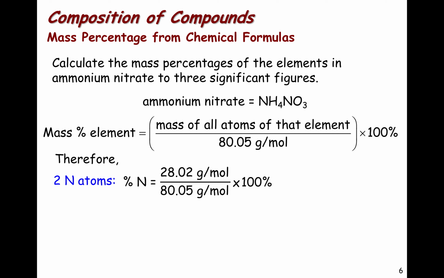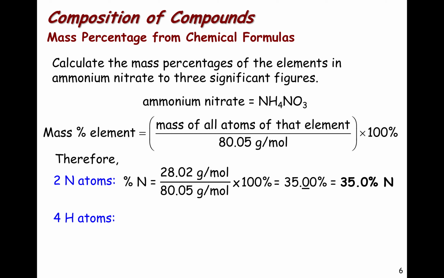Divide that by the total and multiply by 100, and your calculator is going to give quite a few digits here. We have to recognize that we only want 3 sig figs, so in this case we're going to have 35.0.